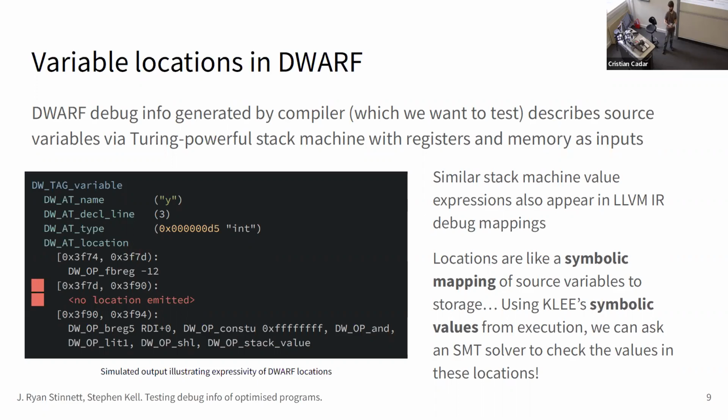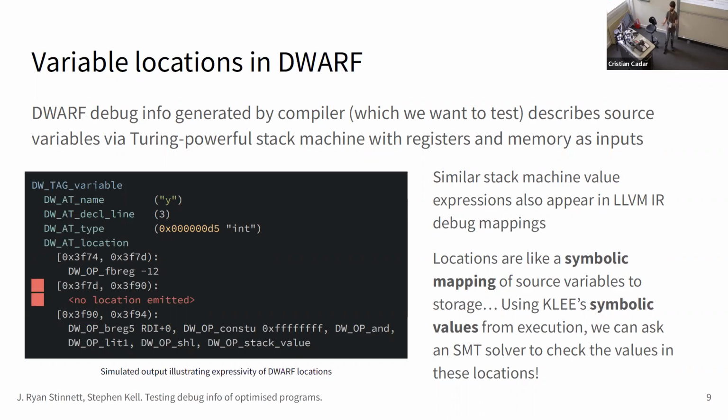And then there's another region where you're seeing a slightly more complex formula where it's taking in a certain variable or a certain register, doing some computations, and then returning a literal value that it's computed on the stack machine for DWARF. And these really do happen in real programs. Often an optimizer will apply some transformation and it realizes it's able to capture the value of the variable using these somewhat more complex debug expressions.